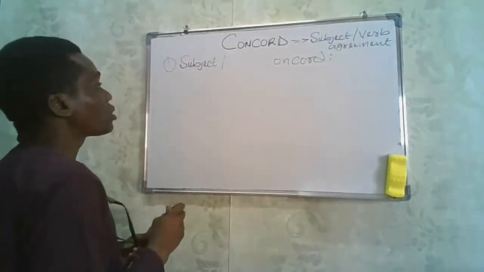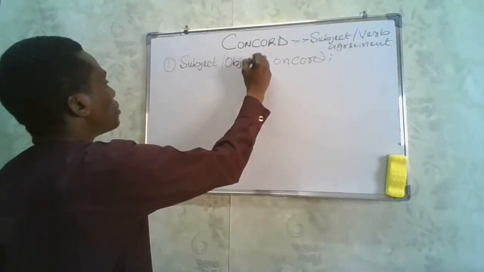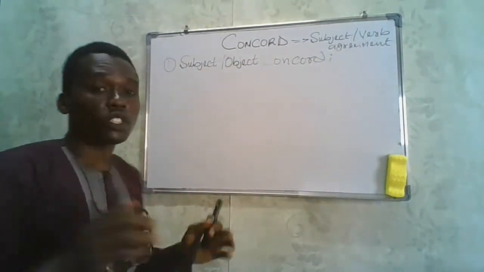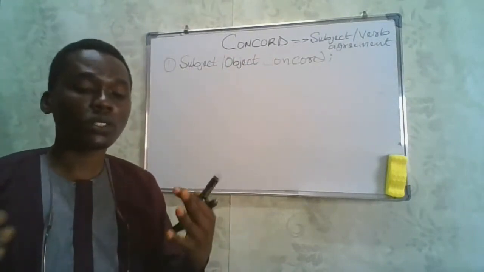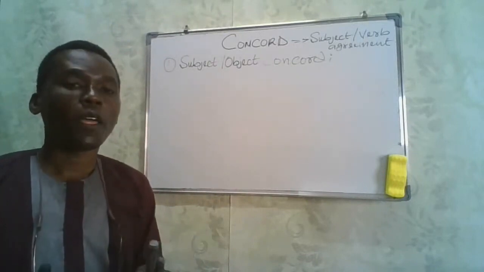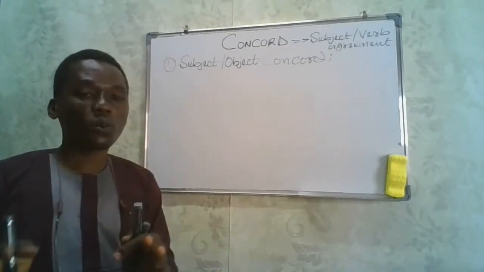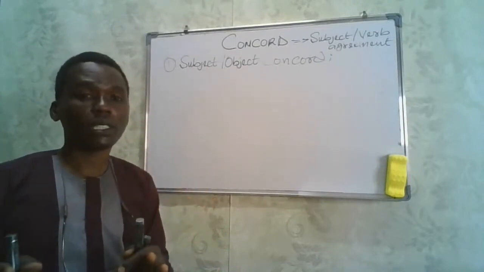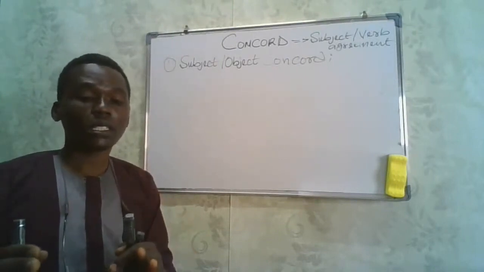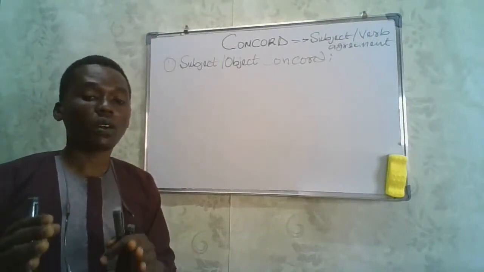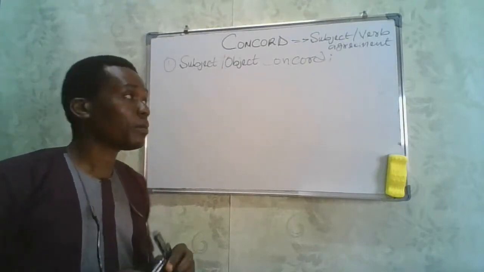So in the subject-object concord, what are the rules guiding it? Now the rule is this: when subjects like everyone, everybody, etc. are used, the object will be either his or her and not their. Let me explain.